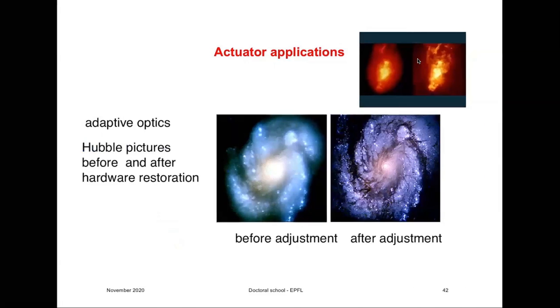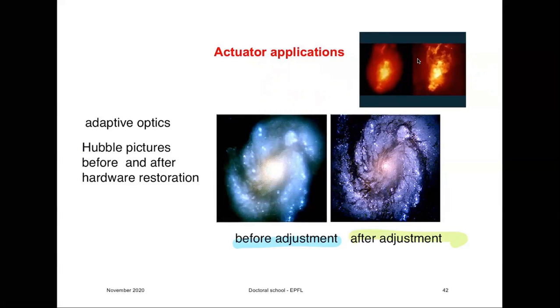And then the pictures were much more detailed, with more information obtained. And here you see also some pictures. This was before the adjustment, and this is after the adjustment with piezoelectric actuators. Also here, before and after, and you see how many more details you can see just by this simple deformation of the mirror with electrorestrictive actuators.